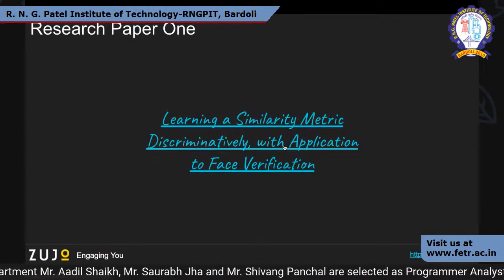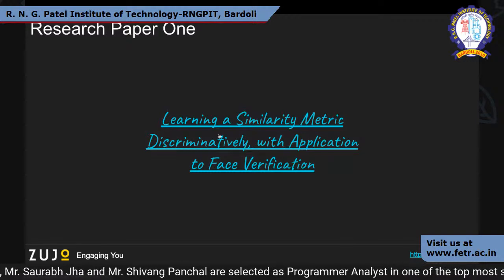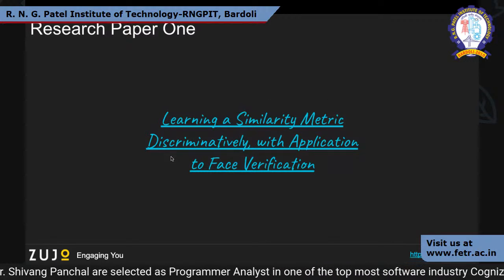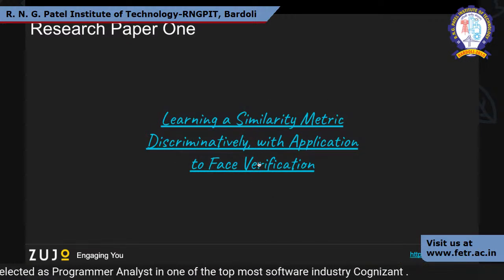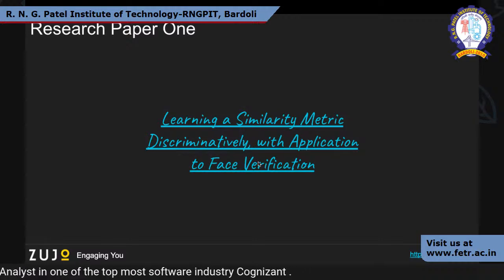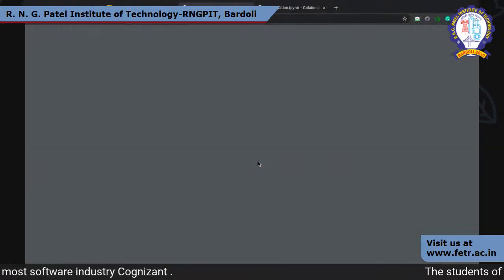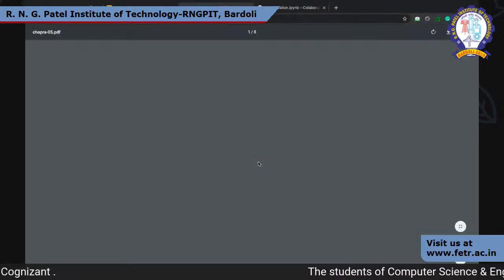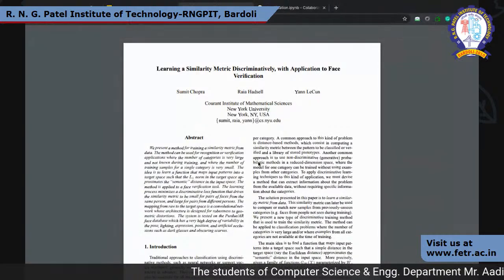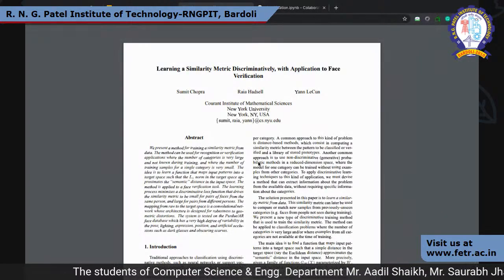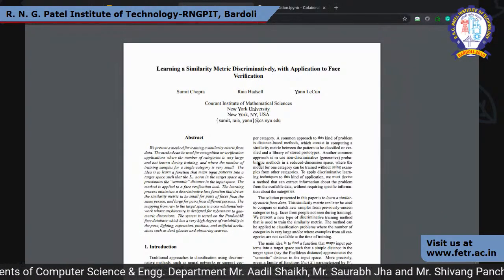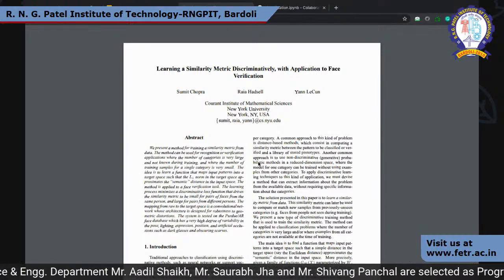Okay, so the first paper we'll explore is Learning a Similarity Metric Discriminatively, with Application to Face Verification. It's a contrastive loss paper written by Yann LeCun, Raia Hadsell, and Sumit Chopra.